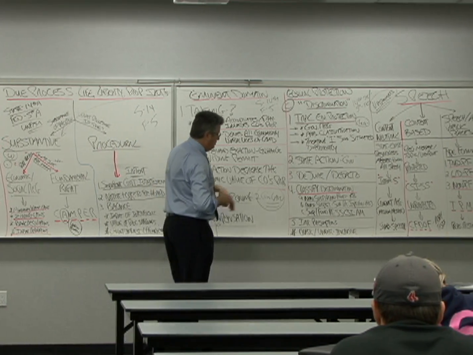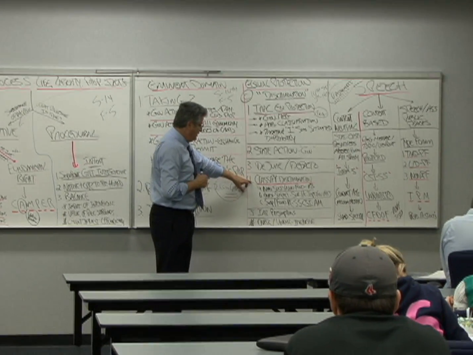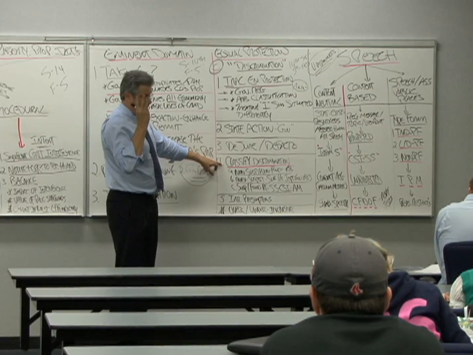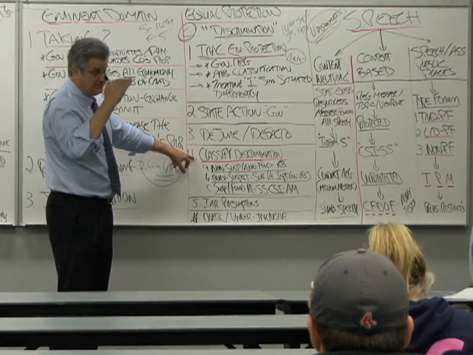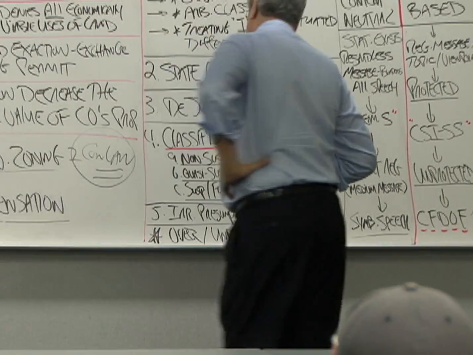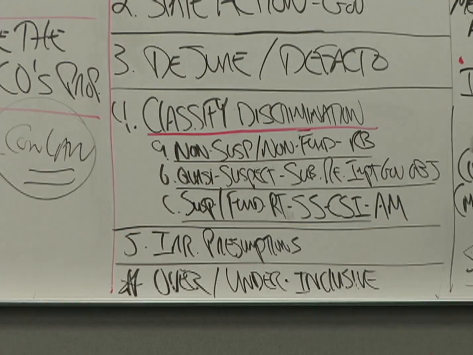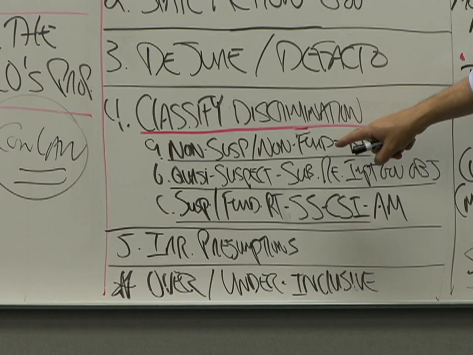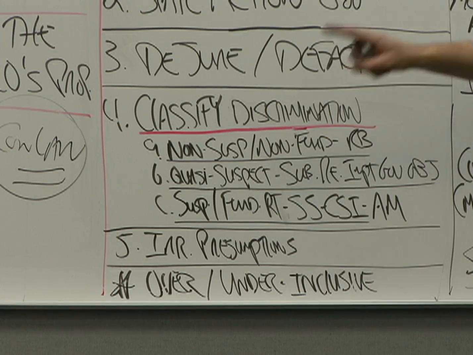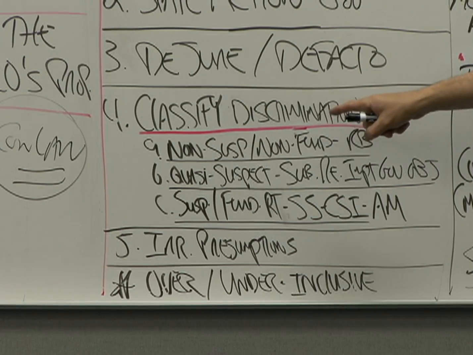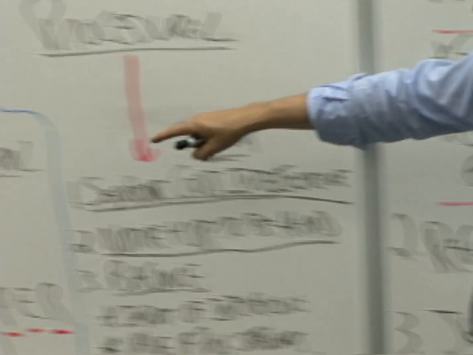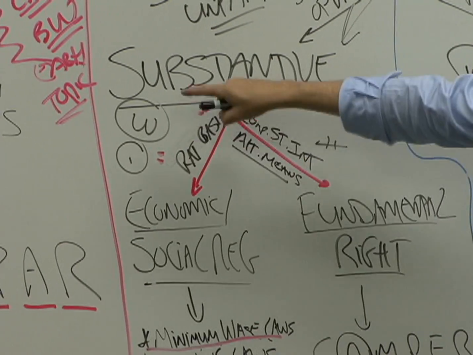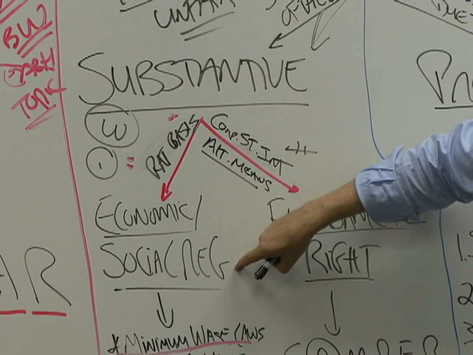And then you get into classifying the discrimination. Now there are 3 tiers, or levels, that we have to go through. The first level is called non-suspect, non-fundamental. And look at this over here. This is analogous to the first prong of substantive due process, economic social regulation.